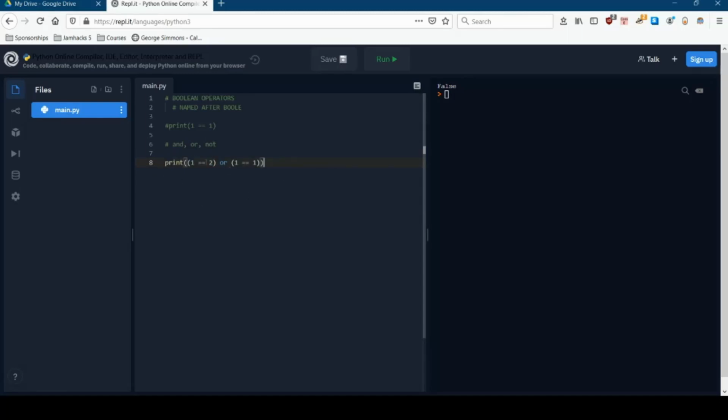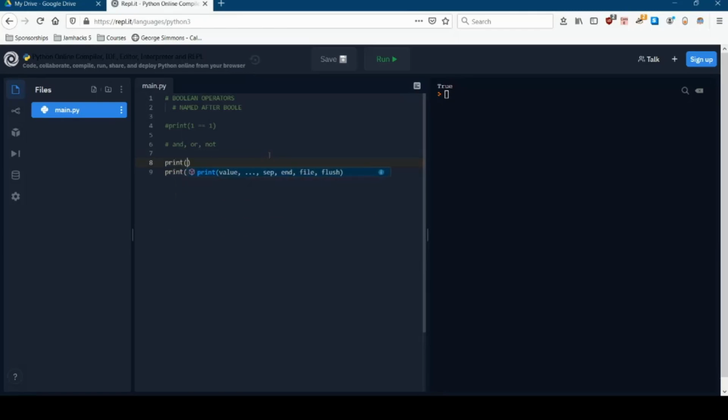What or does is you put a conditional statement on either side of the or, and I don't think you actually need parentheses here. If the one on the left or the one on the right is true, then the or evaluates to true. We can see that 1 is not equal to 2, but 1 is equal to 1, which means this prints true.